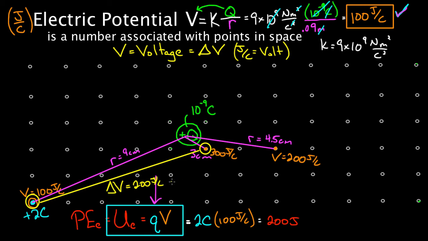That means the voltage between those 2 points in space is 200 volts. That's what we mean. So when you're talking about a difference in electric potential between 2 points in space, we call it a voltage. When you're talking about just the electric potential value at 1 point in space, we call it the electric potential. And that's how they're related.